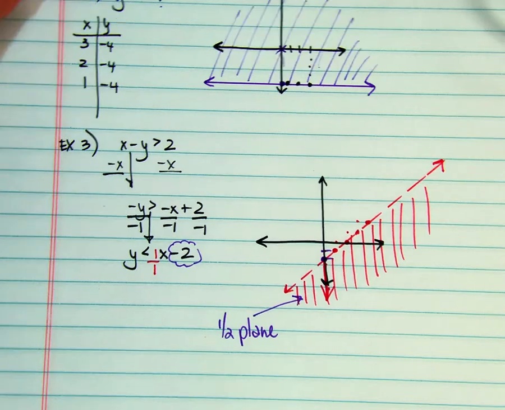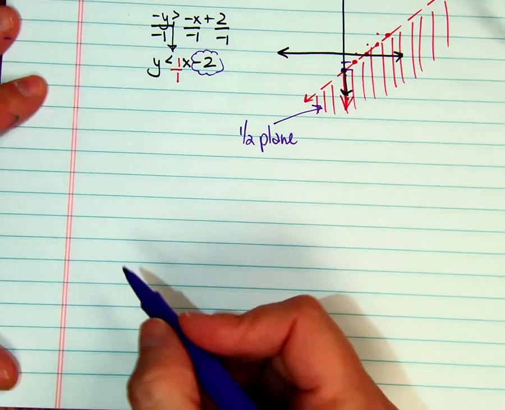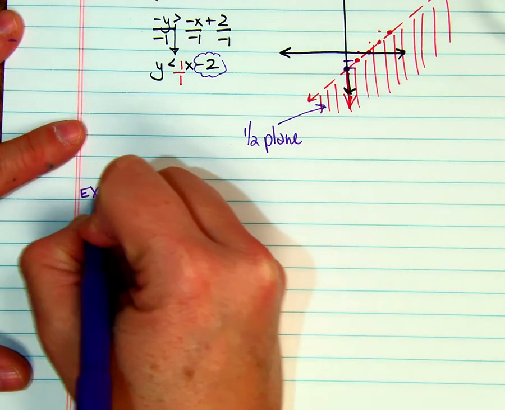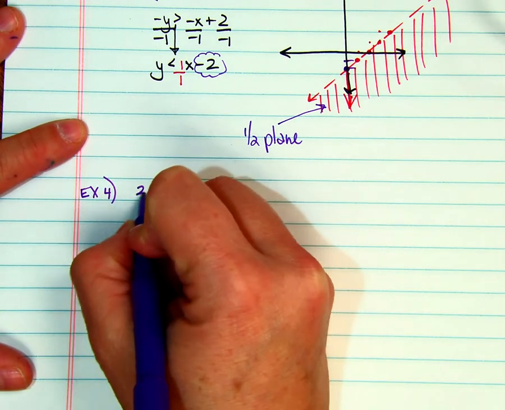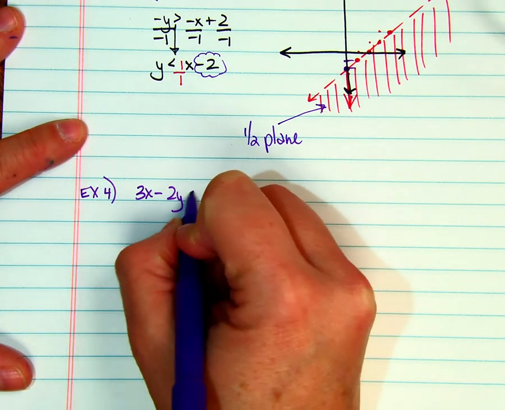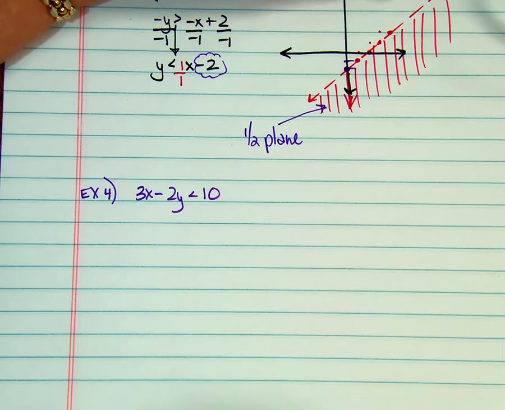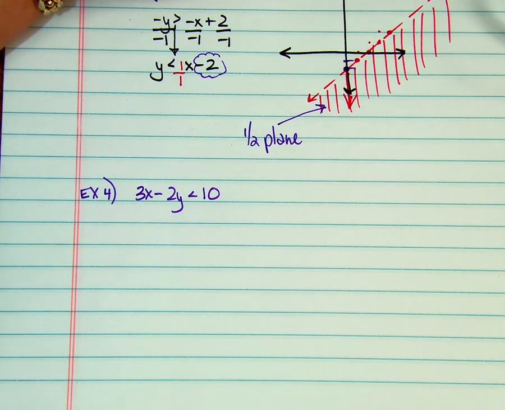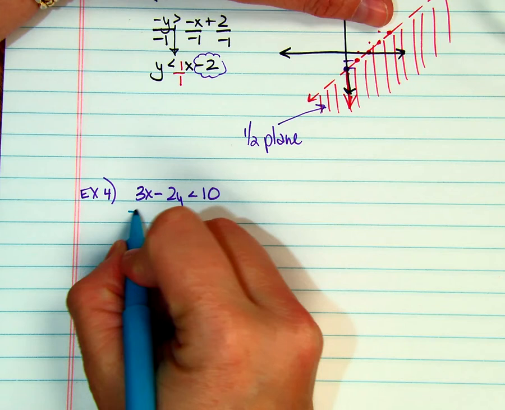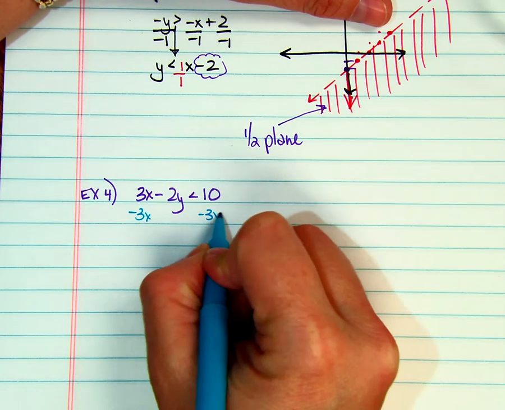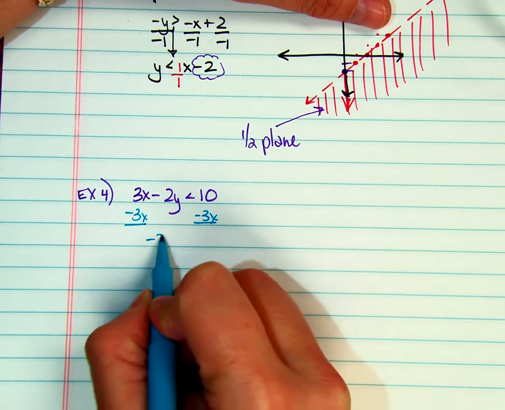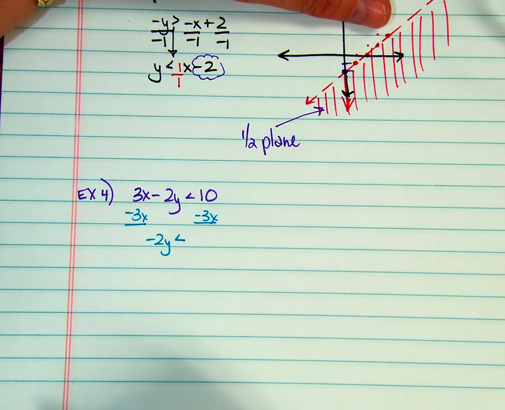I have one more example that I want to do just to make sure that we're all on the same page with graphing. So we have 3x minus 2y is less than 10. This one is definitely not in slope-intercept form, so we're going to do that. Subtracting 3x on both sides. So negative 2y is less than.